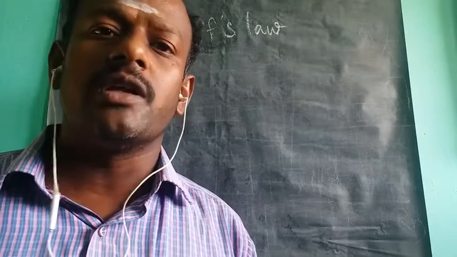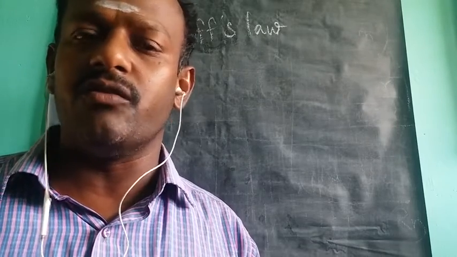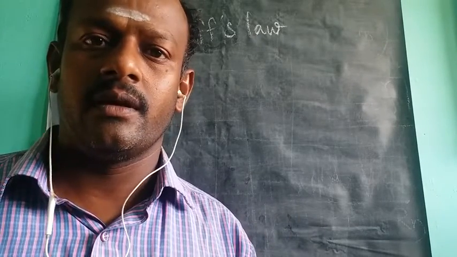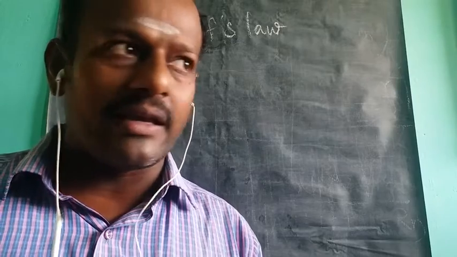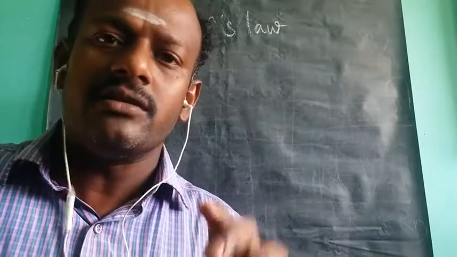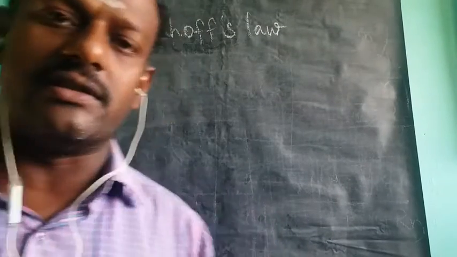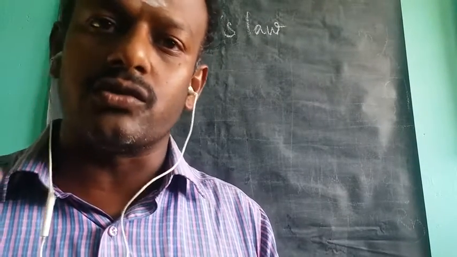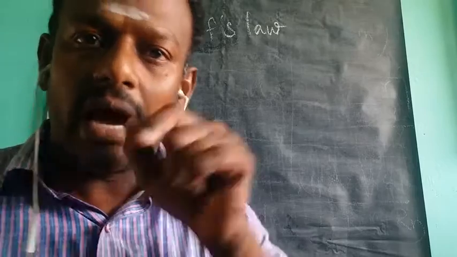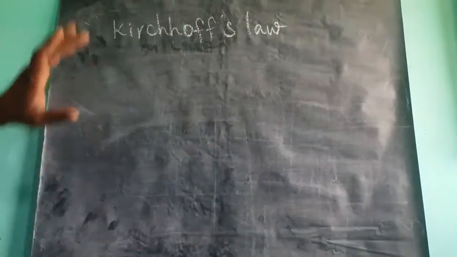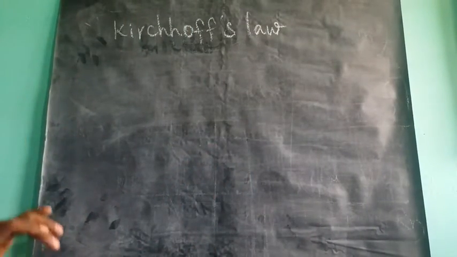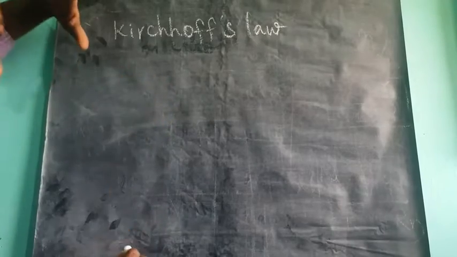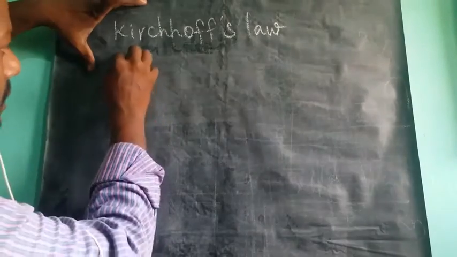By using Ohm's law, we can find the relation between V and I. By connecting V and I with resistance, with the charge and also the potential, we have to depend on this law. The first law is called the current law or current rule.